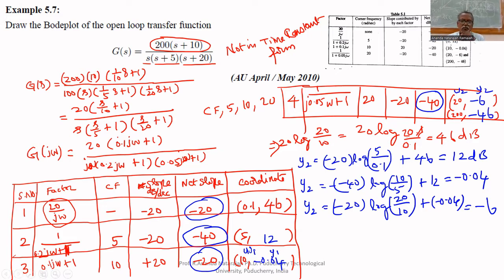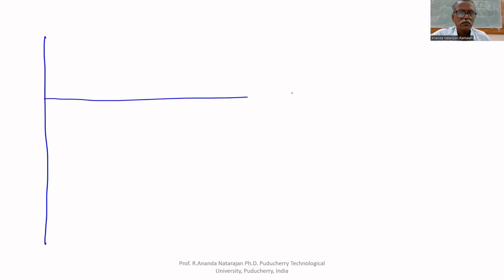That's all. Now we have to draw the magnitude plot. The axis is 0.1, 1, 10, 100, log ω, with the dB scale.